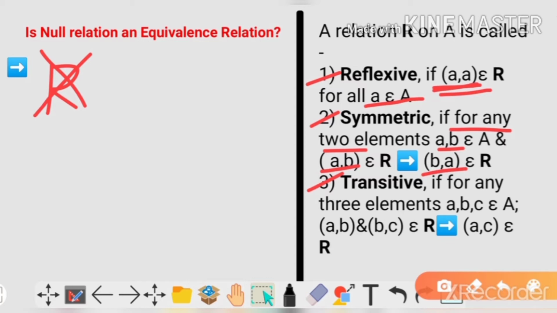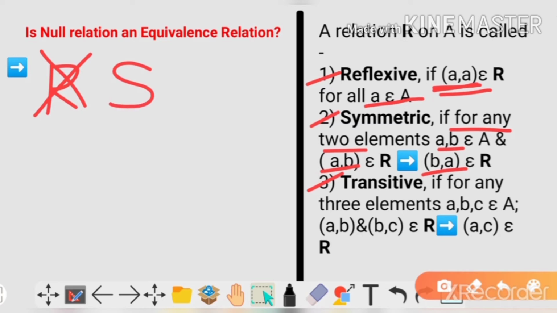As a null relation doesn't contain any element, it satisfies the symmetric condition, or we can say it doesn't violate the symmetric condition. So it is a symmetric relation.